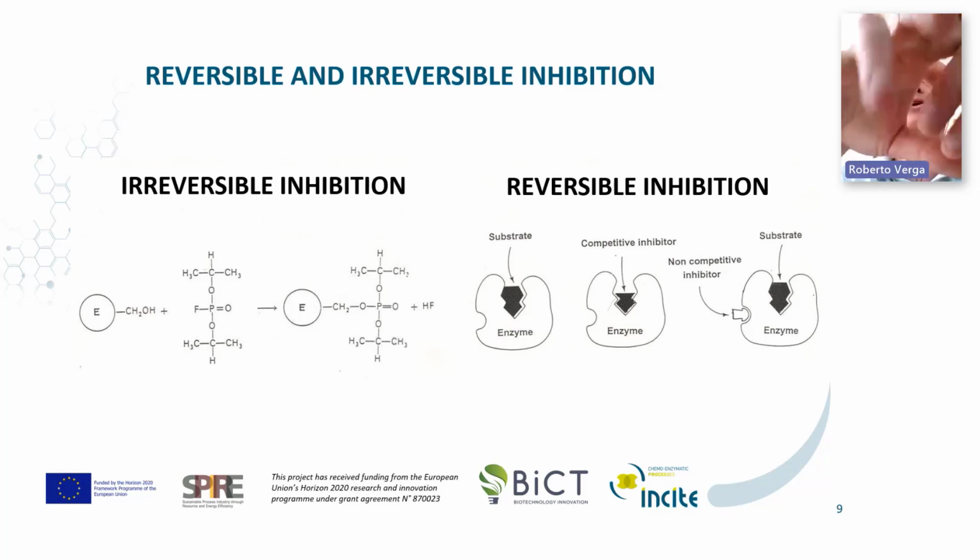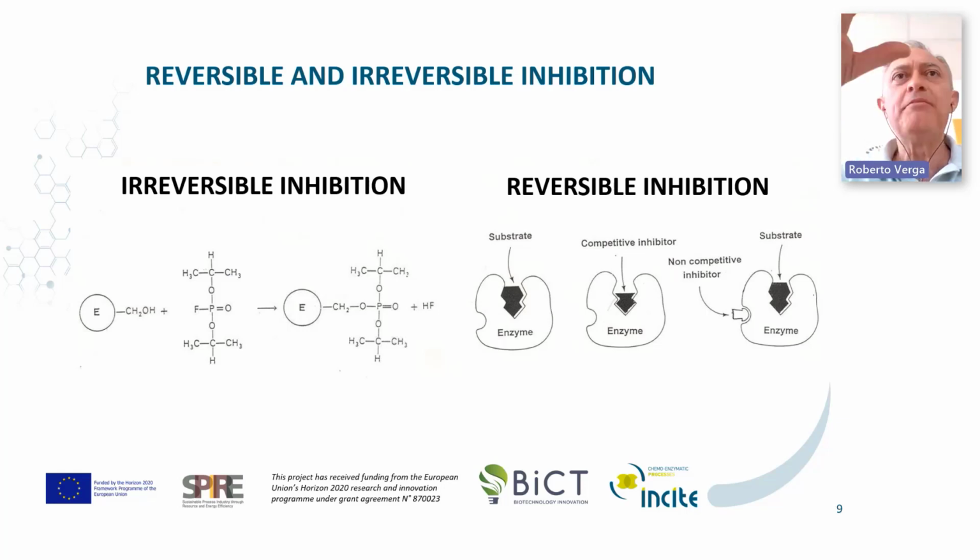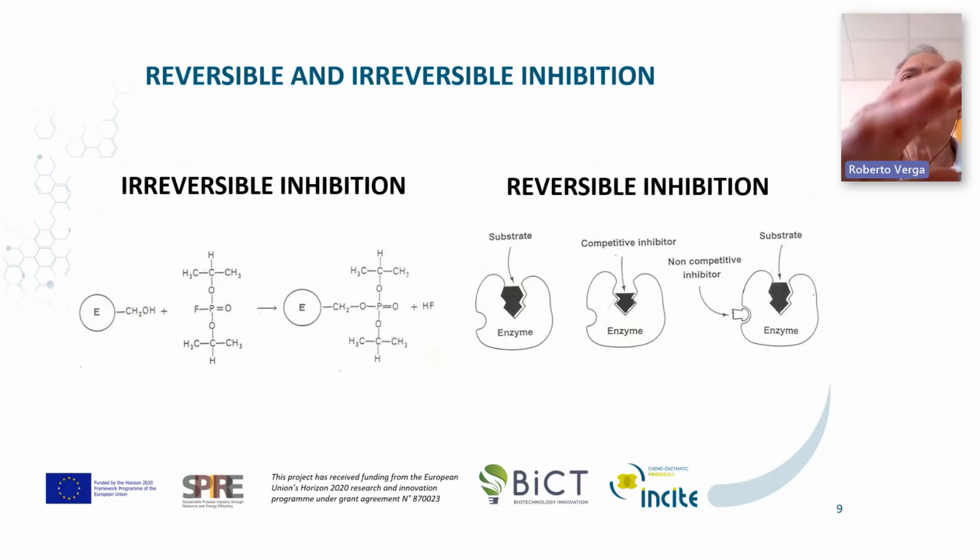In this case, I have a covalent bond between the phosphoorganic compound and the serine. The enzyme is completely inhibited, because the covalent bond is very stable. It's not possible to have a reversible effect because it's very stable. In particular, what is this example?